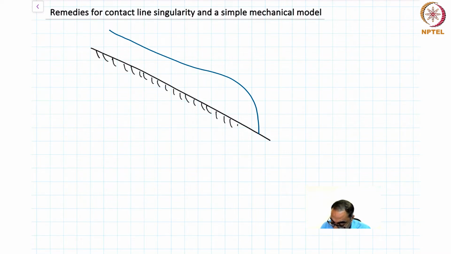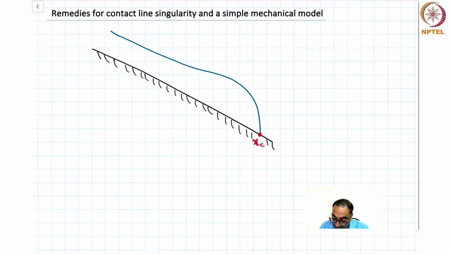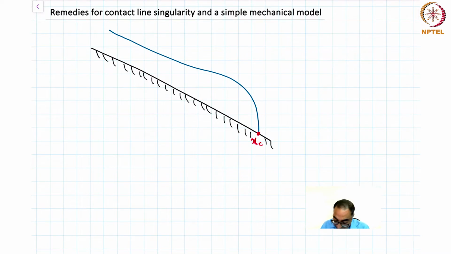This is the incline, and this point is the position of the contact line. At this point, there is a singularity, if you apply the no-slip condition and so on. So what are the ways in which people have tried to alleviate the singularity?